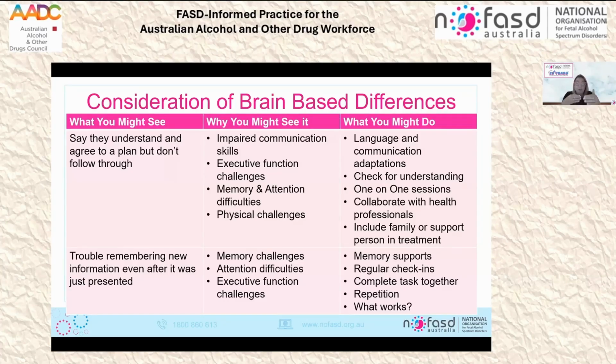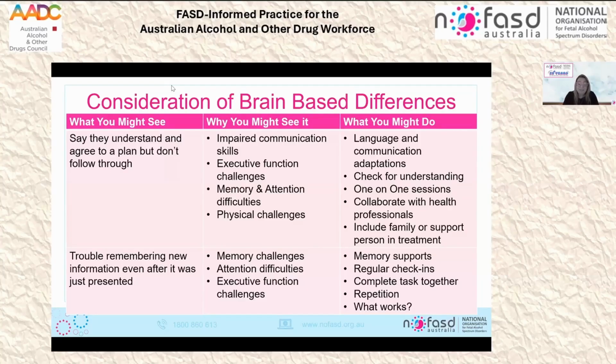So they might have trouble using that learning in different settings, so generalising that information, and also executive functioning challenges. They might find it hard to plan, organise or keep track of what needs to be done, and those attentional issues, they could have trouble with staying focused or keeping attention while in a conversation or doing a task.